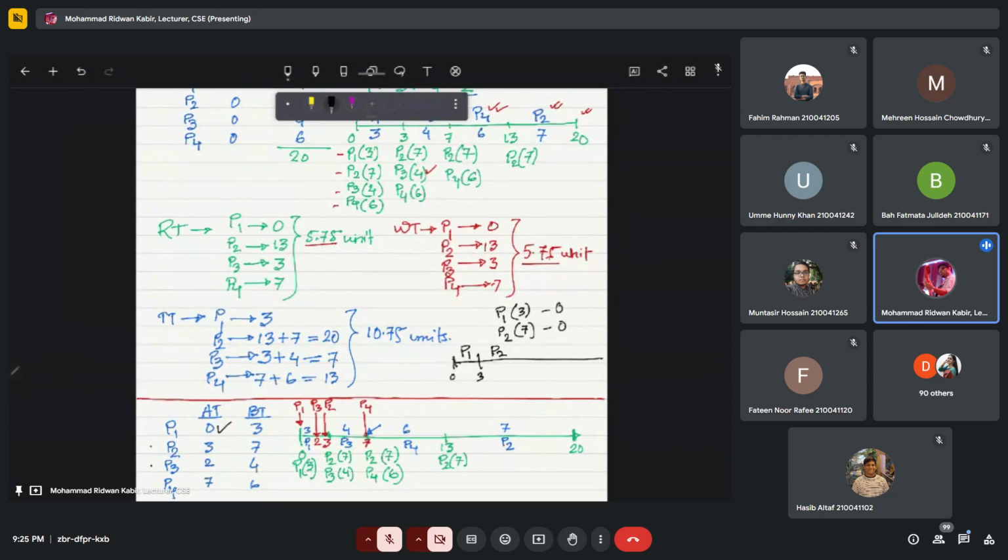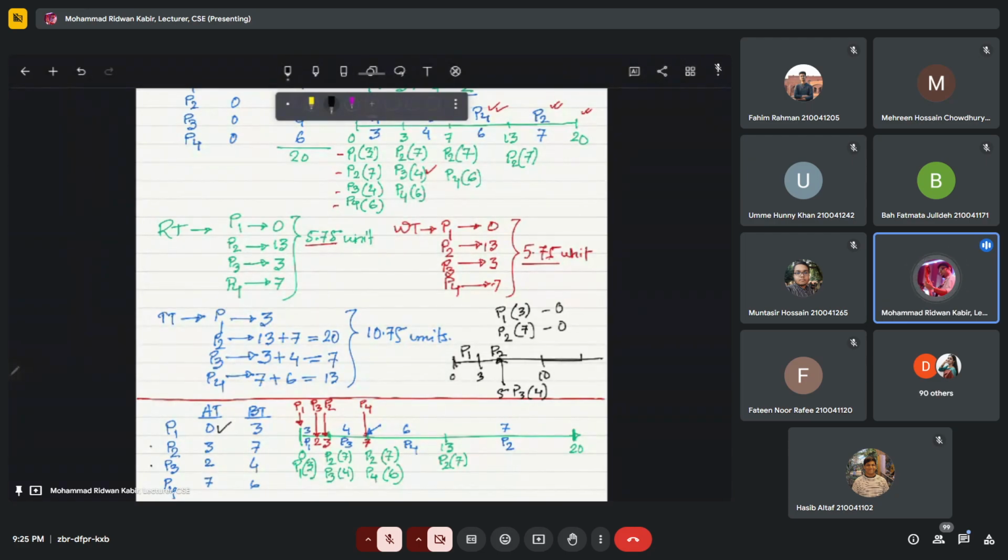execution. But in the non-preemptive version, whenever a process arrives at 5, P2 will not pay any heed to it, because it's a non-preemptive version. So P2 will finish its execution at 10, and that is when the new process, P3, with a burst period of 4, will get the CPU.